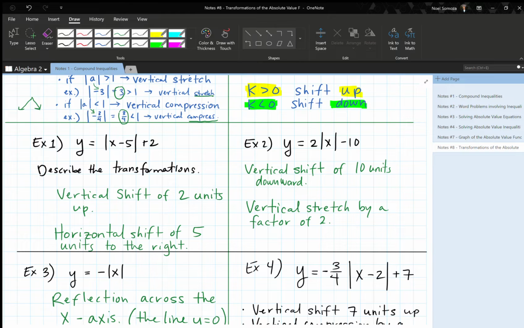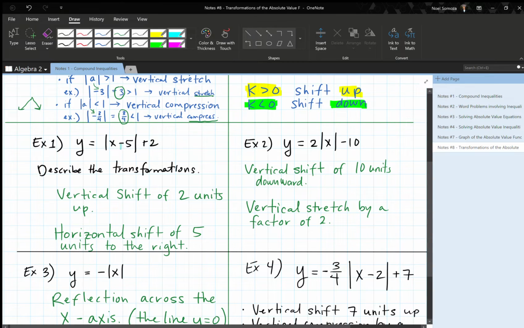So we have two different changes that are happening here, two different shifts. The first shift occurs, if you notice, inside the absolute value. We have a minus 5 here. So remember that we're shifting in comparison to the parent function. So the parent function is y equals absolute value of x, right? So we're always comparing it to this function here.